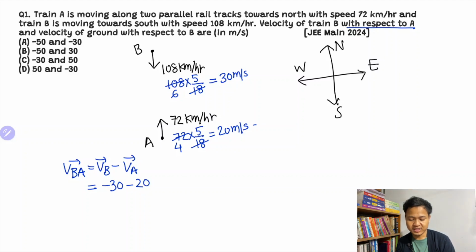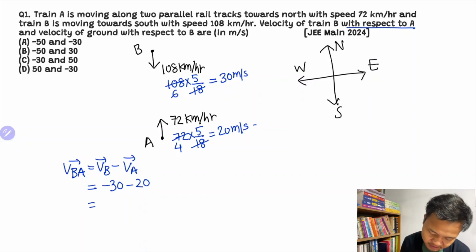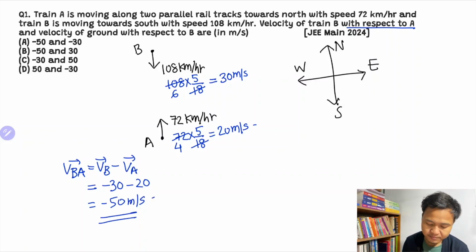The direction of A is taken as positive, and the direction of B is opposite to A, so it is negative. So velocity of B with respect to A is minus 50 meter per second.